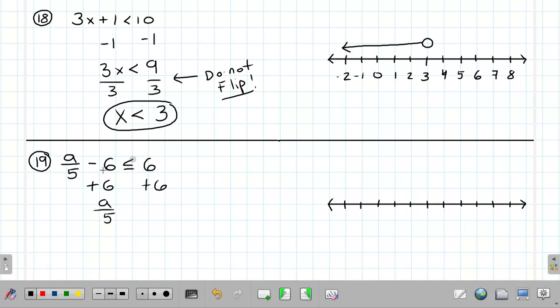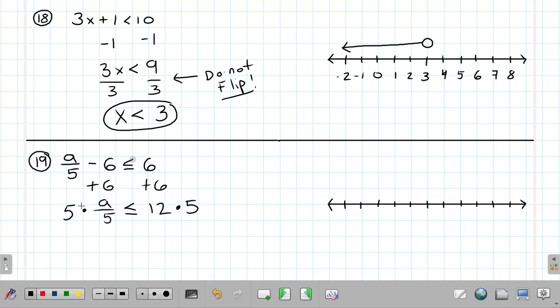Okay, so we have a over 5 is not equal to, and 12 on the right-hand side. But then we need to ask, what should my sign be? Well, what did I just do? I added 6. I didn't multiply or divide at all, so my sign should stay the same. The next step is going to be to multiply times 5.